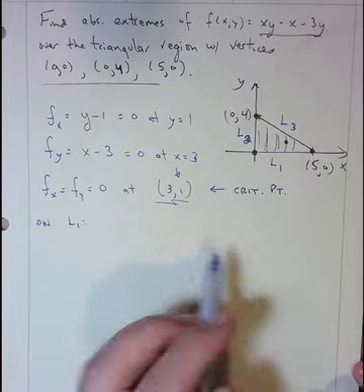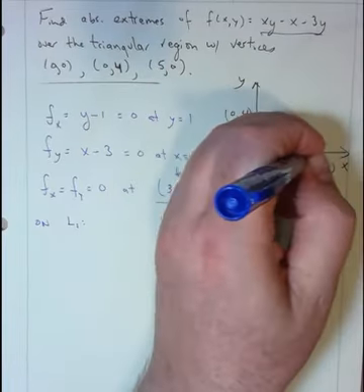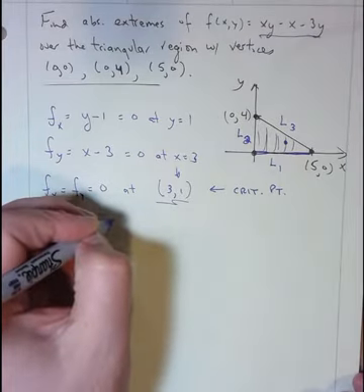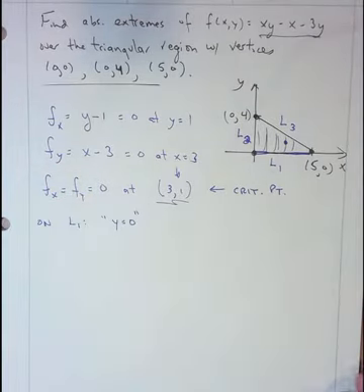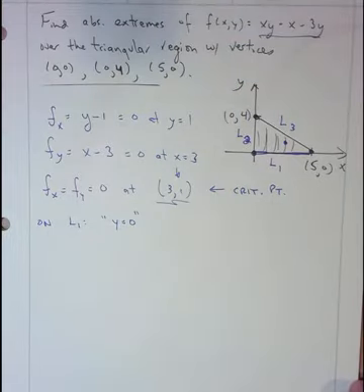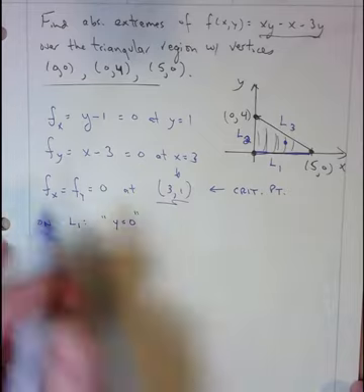So on this edge of our region, well, the equation of that edge is y equals 0, the horizontal straight line that is the x-axis. We go up to the function and we say, hey function, what do you look like if all we're considering for the moment is points where y is equal to 0?